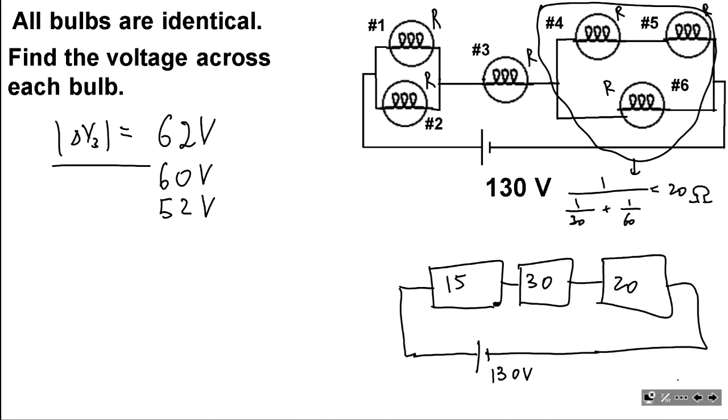So now, I can set any voltage as my unknown, since I started from, let's call it X volts.